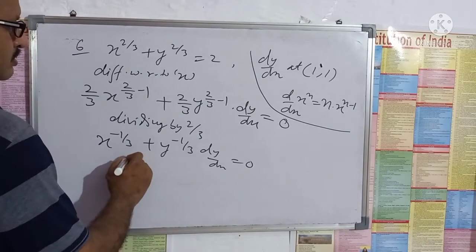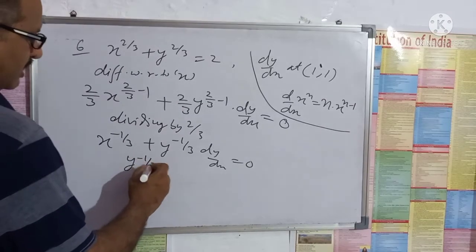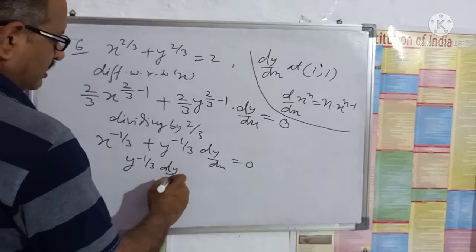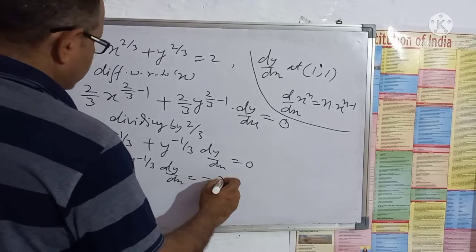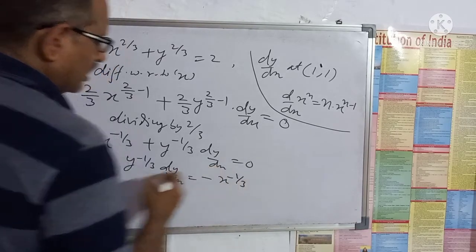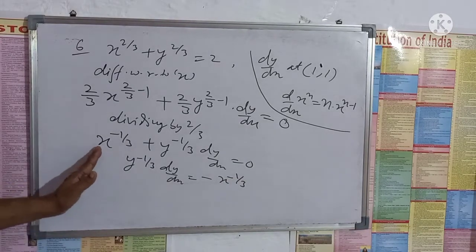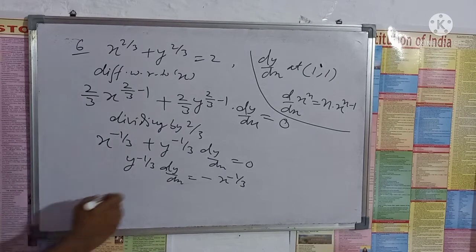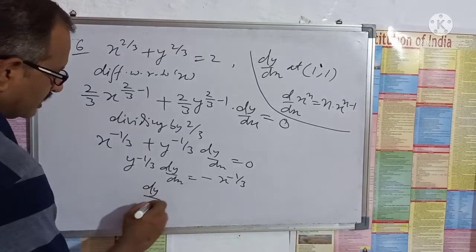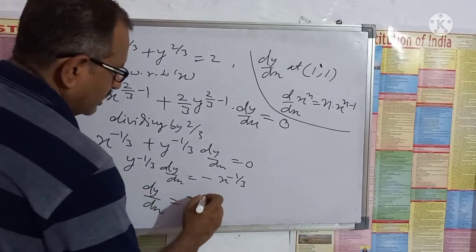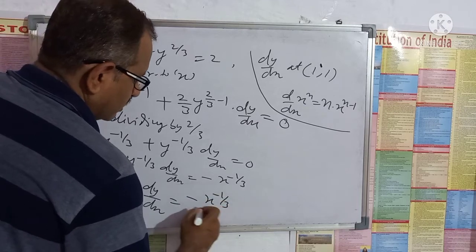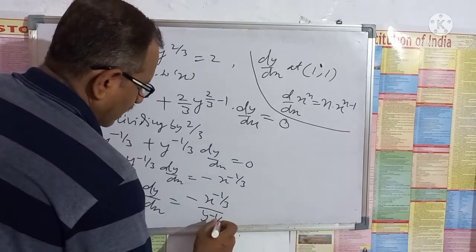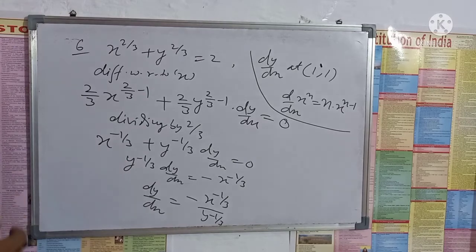So y to the power minus 1 by 3 dy by dx will be minus x to the power minus 1 by 3. Transpose x to the power minus 1 by 3 to the right side. So minus x to the power minus 1 by 3. What will be dy by dx? Minus x to the power minus 1 by 3 over y to the power minus 1 by 3.